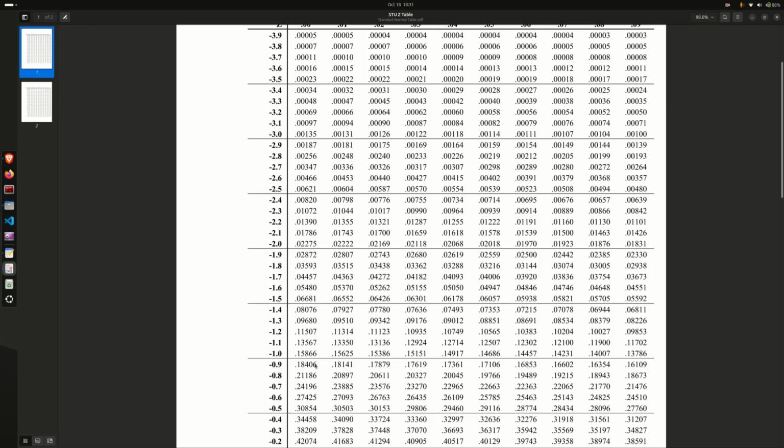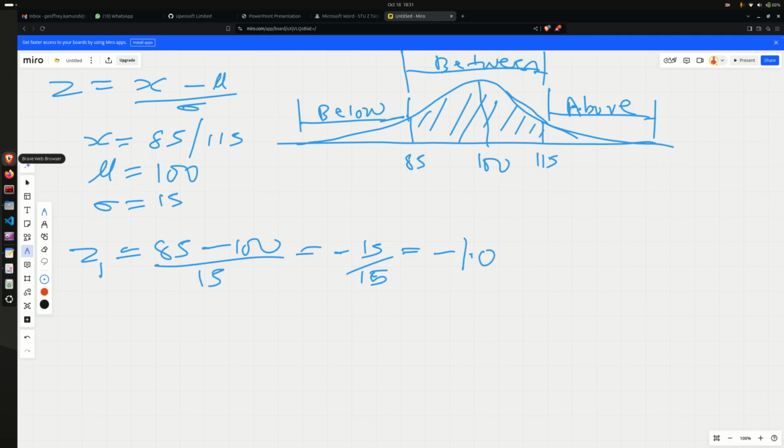This being negative 1.0, we will take this value here, which is 0.15866. So z equals 0.15866. Excellent. This is the area below 85.